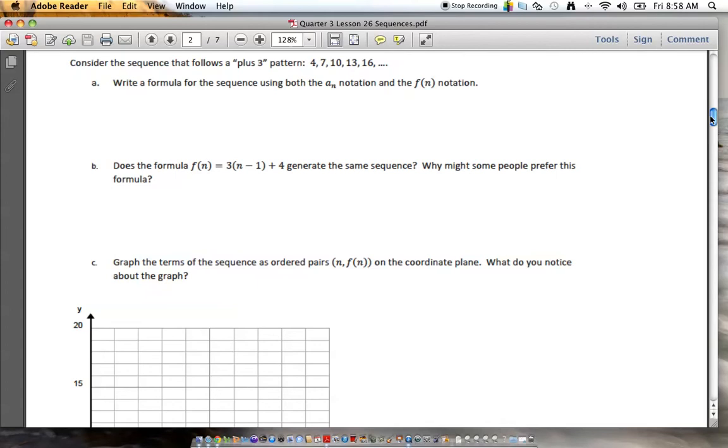All right, here's a +3 pattern. The first thing I want you to write is an explicit formula for this. Explicit. That's the one with the n minus 1 in parentheses.